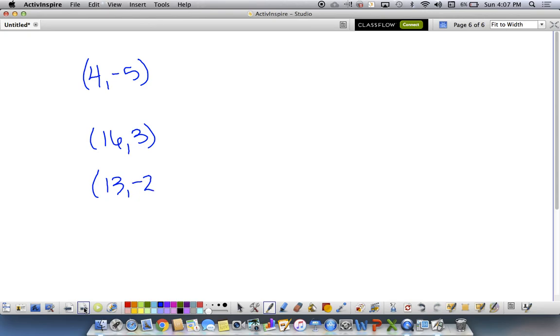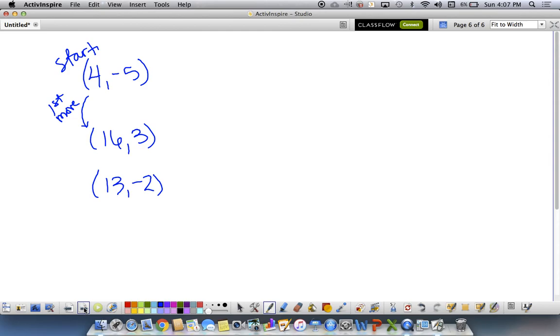Find the vectors the animators need to apply to the character to make these 2 translations. So here's our starting point, and we're moving to here, first move. They want to know, how can we get from 4, -5 to 16, 3?